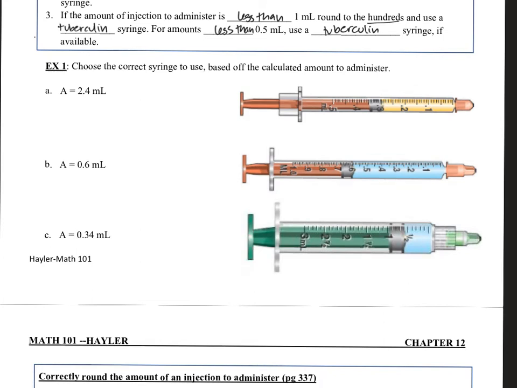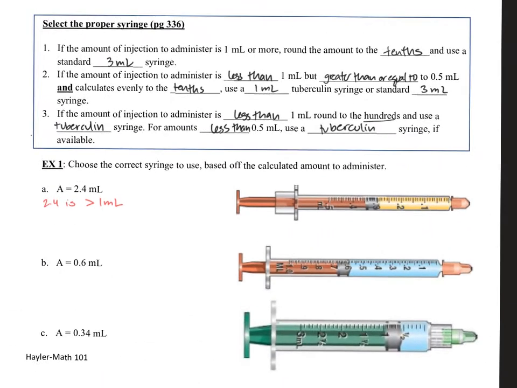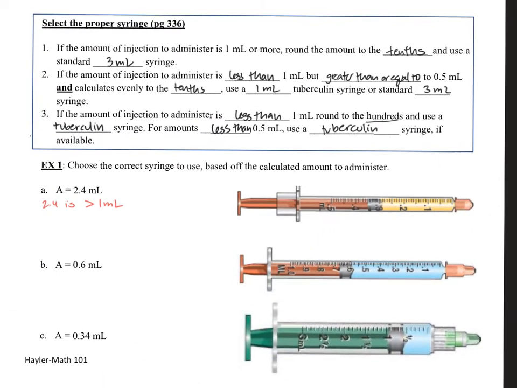Alright, so for example 1, we're going to choose the correct syringe to use based off of the calculated amount to administer. Alright, so the amount to administer for A is 2.4 milliliters. So let's write it down. Let's take a look at this number. Well, 2.4 is greater than 1 milliliter. Alright, so what does this mean for us? If it's greater than 1 milliliter, we're going to round to the tenths and use a standard 3 milliliter syringe.